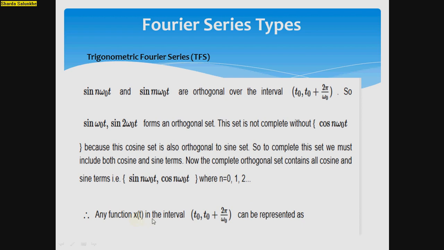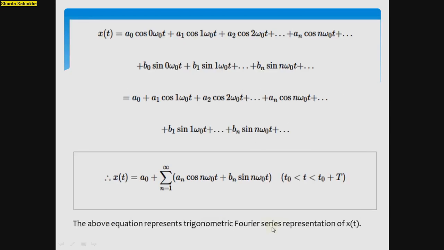Therefore any function x(t) in the interval t0 to t0 plus 2 pi by omega 0 can be represented as x(t) equals a0 plus a1 cos omega 0 t plus a2 cos 2 omega 0 t up to an cos n omega 0 t, plus b1 sin omega 0 t plus b2 sin 2 omega 0 t up to bn sin n omega 0 t.